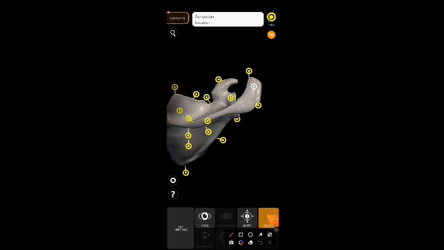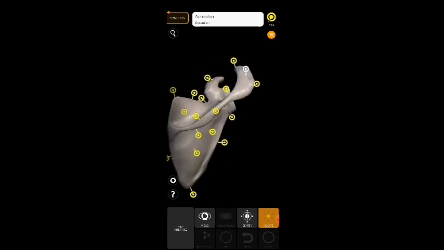This is a scapular spine, acromion process, and coracoid process. So the 3 processes are the coracoid process, the acromion process, and the spinous process, also known as the scapular spine.